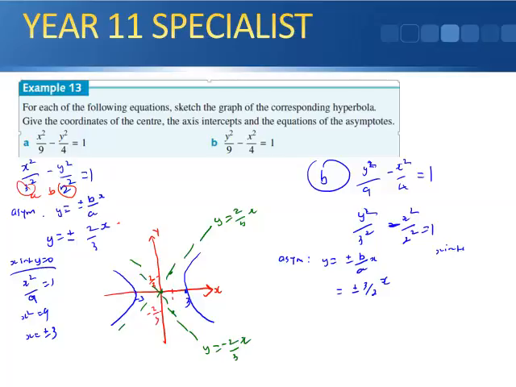X-intercept, if we put y equal to 0, we're going to get negative x squared over 4 equals 1, so not possible, don't even bother because it's a negative. So the y-intercept, putting x equal to 0, and it gives me y squared over 9 equals 1, y squared equals 9, so y equals plus and minus 3.